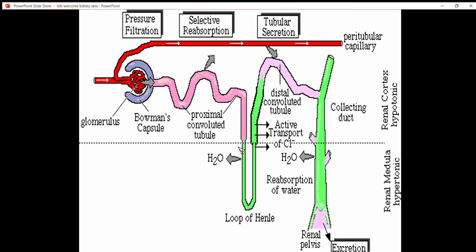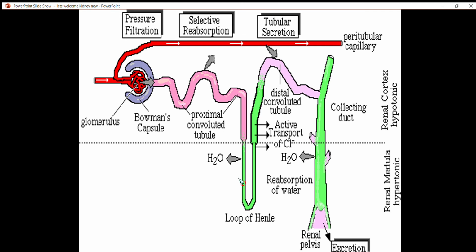So you have to pass all the salts, or waste products like urea, with less water. So this is a concentrated urine. This is a function of the loop of Henle. And if you want to pass a diluted urine, that is the same amount of salt but with more water, that is known as diluted urine.